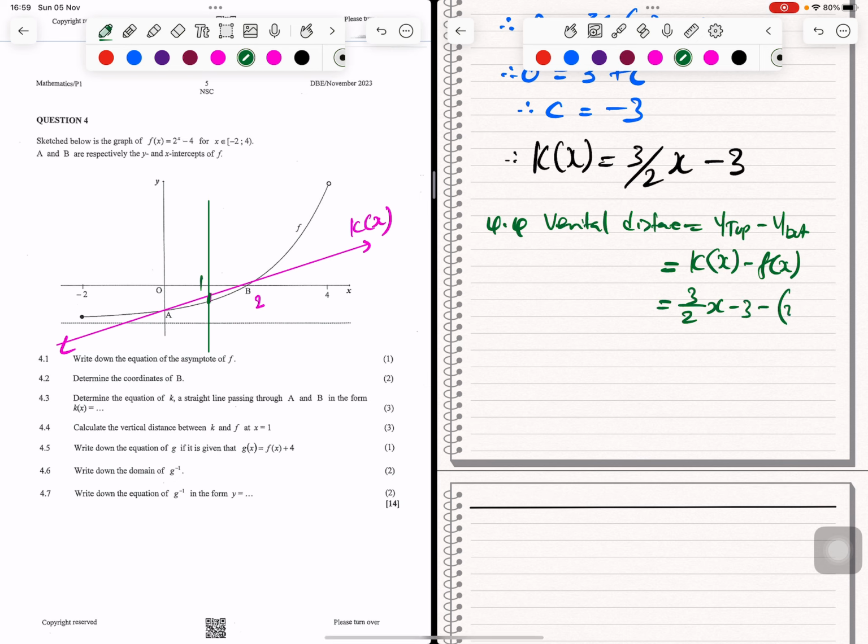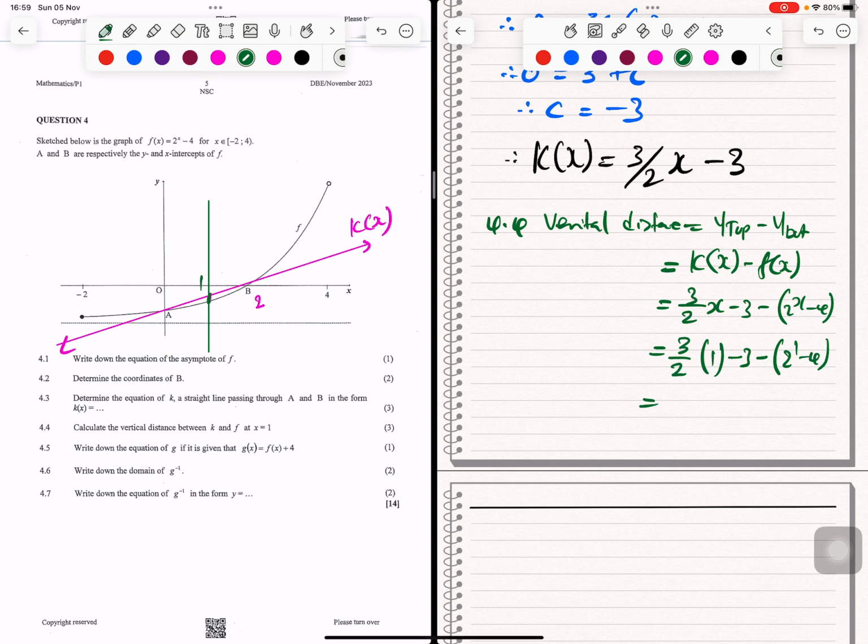So f is 2 to the power x minus 4. You know what is the value of x here, so you just need to substitute it into the equation. So 3 over 2 into x. x is 1. You are given just right here that x is 1. So I'm just going to put that bracket and say minus 3 minus 2 to the power 1, take away 4.